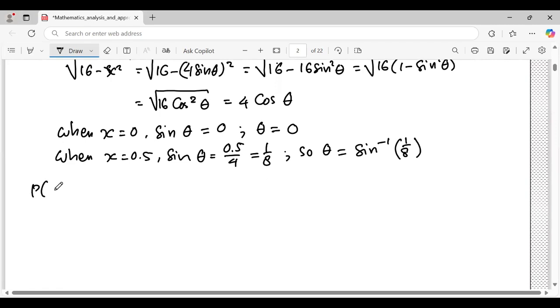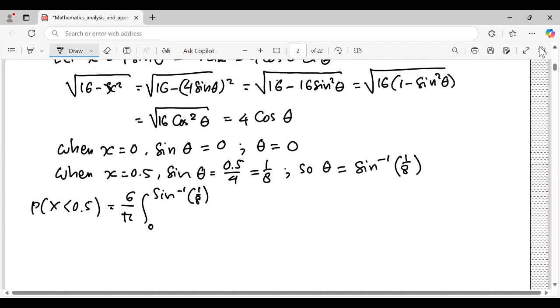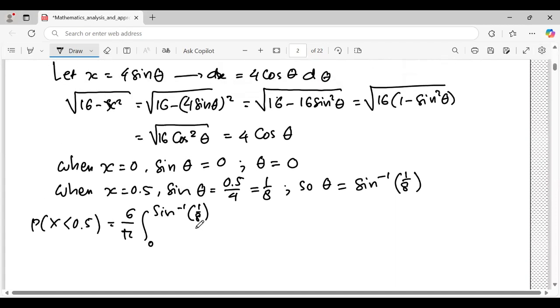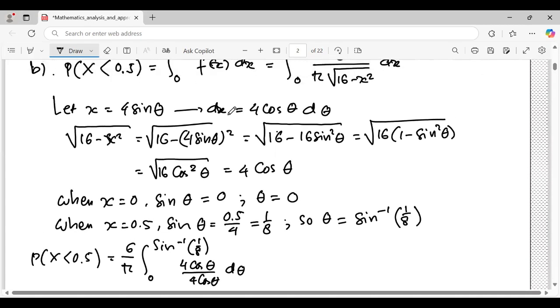So the probability x less than 0.5 is 6 over pi, integral 0 to sine power minus 1 of 1/8, of 4 cosine theta over 4 cosine theta d theta, because dx is 4 cosine theta d theta.